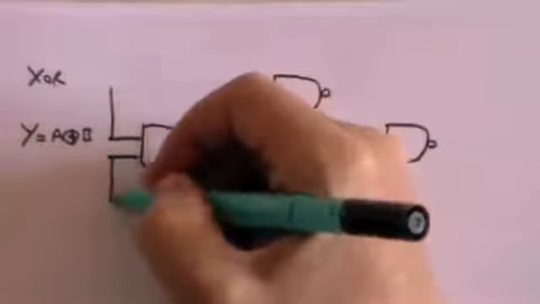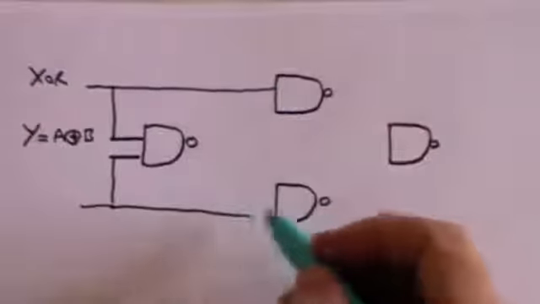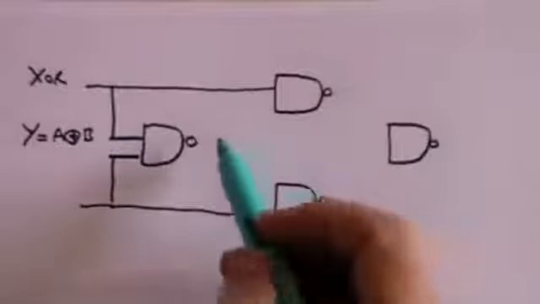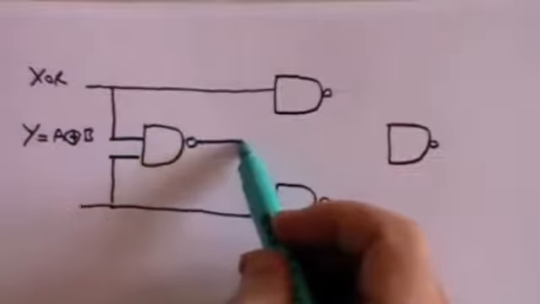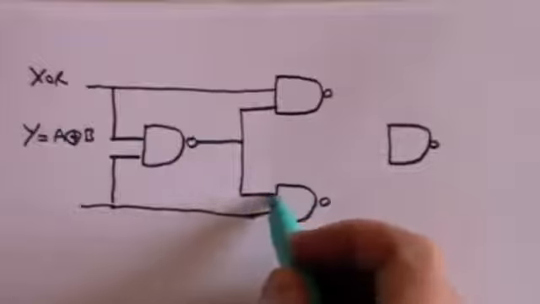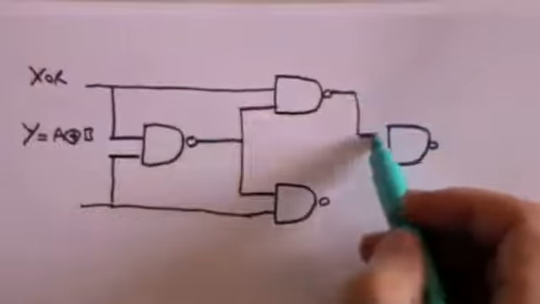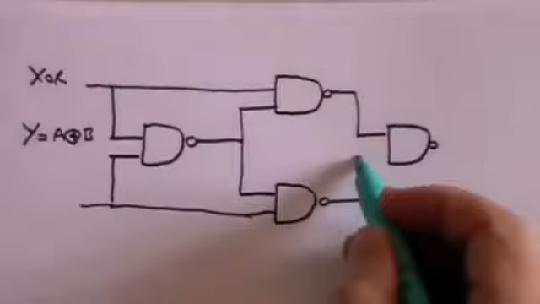Well, actually the input is going to come here. And we're going to split the input like this. The output that comes from this NAND gate becomes the input for this NAND, or these NAND gates, and then the output from those NAND gates become the input for this NAND gate.